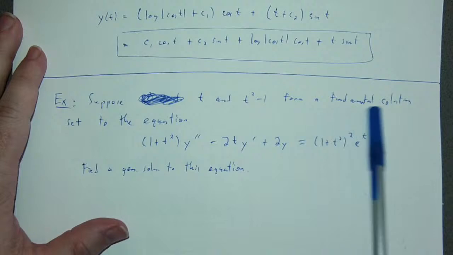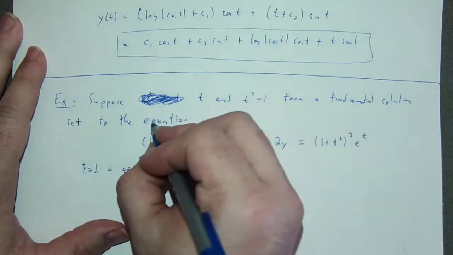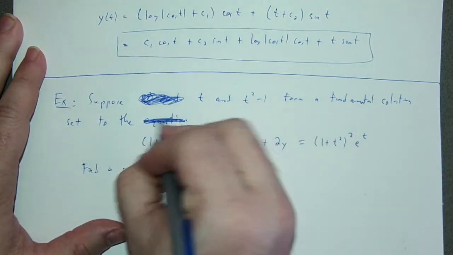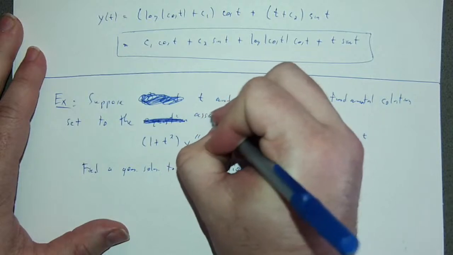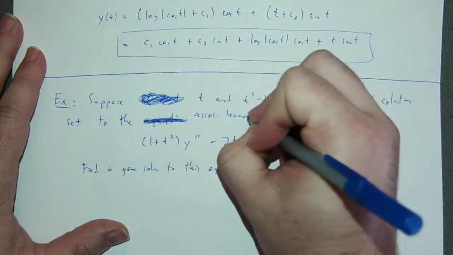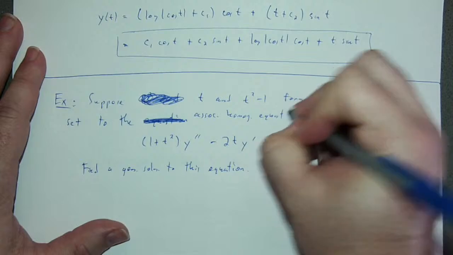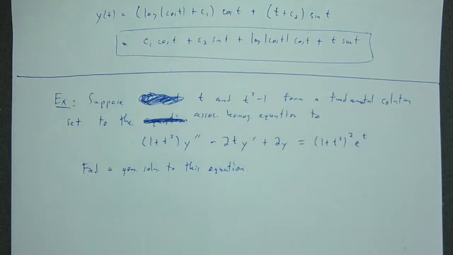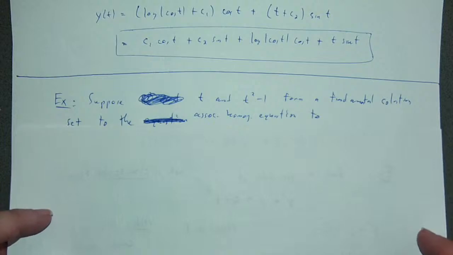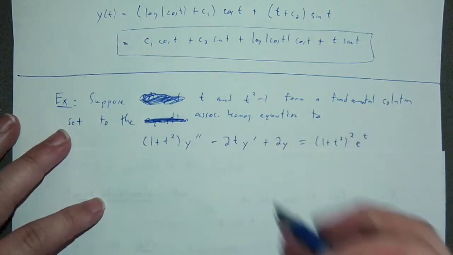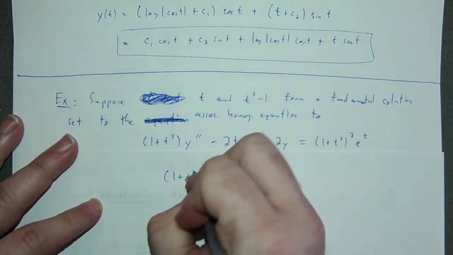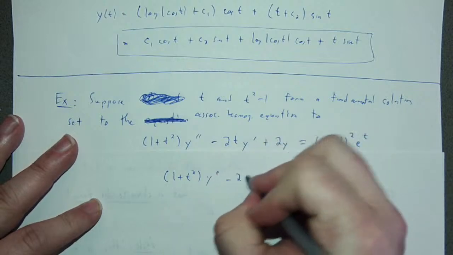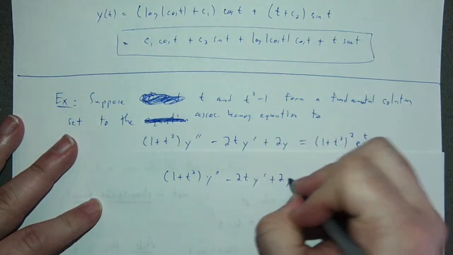So t and t squared minus 1 form a fundamental solution set to the associated homogeneous equation: 1 plus t squared times y double prime minus 2t y prime plus 2y is equal to 0.